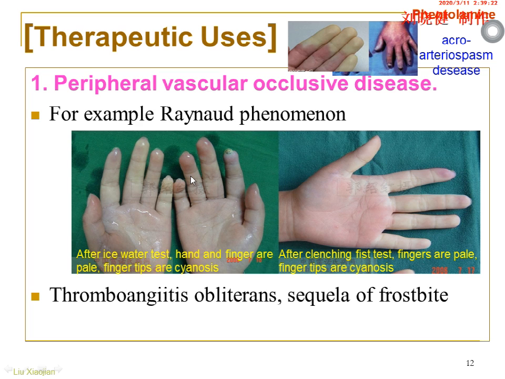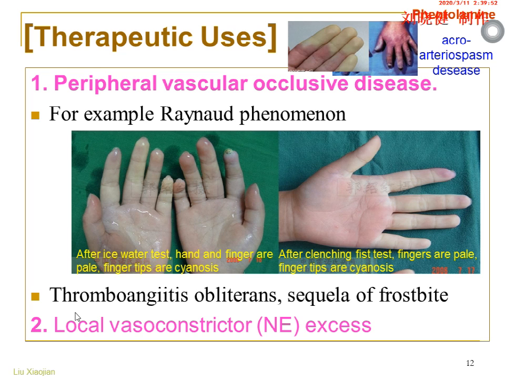Using phentolamine, because this drug can induce vasodilation by blockade of alpha-1 receptor, it can improve this blood circulation. So it is helpful. But of course, now there are some other agents like calcium channel blockers that can substitute for these drugs in the treatment of this peripheral vascular occlusive disease.